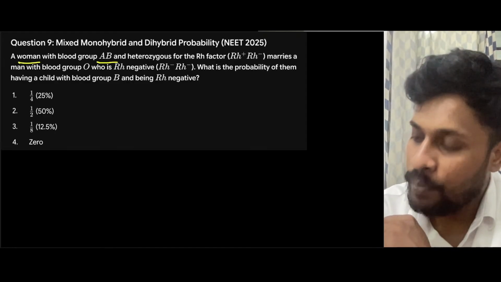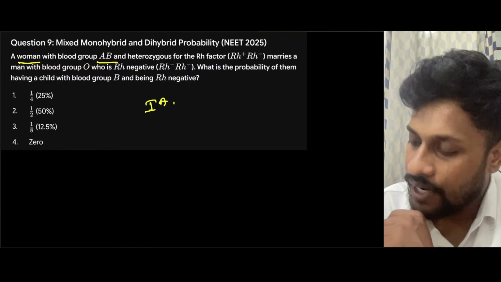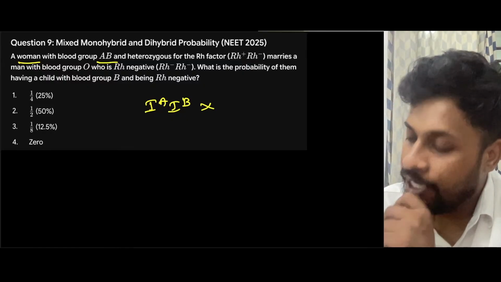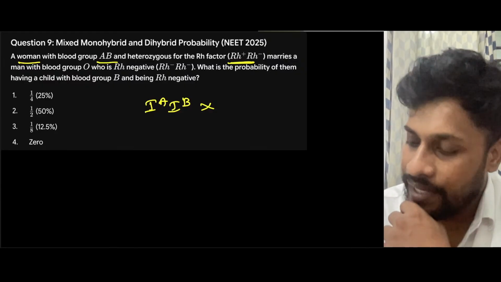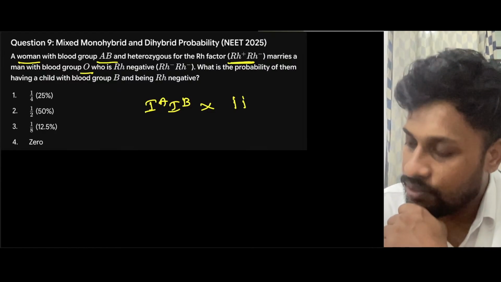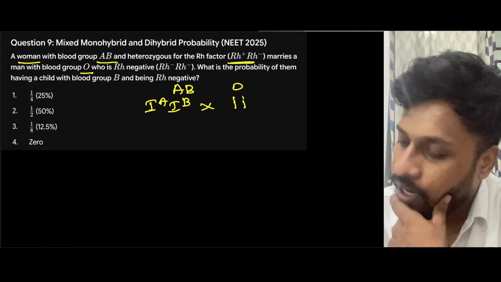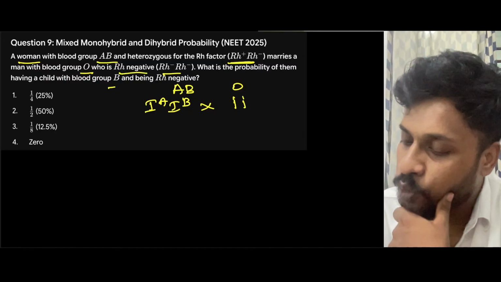Woman with blood group AB, which means let's say IA IB, marries a man with blood group O, which means small i small i.